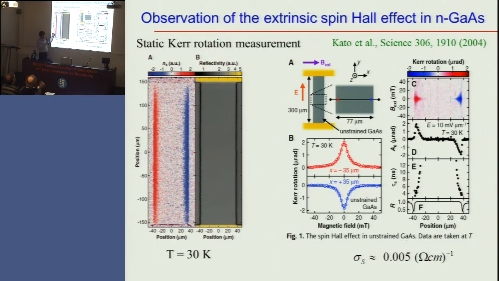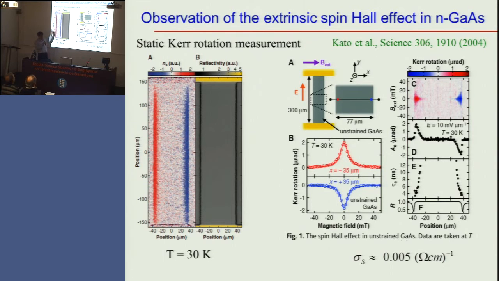For the spin down side, if you shine the light here, the reflected light is left-hand circularly polarized. In such a way they can detect whether this side is spin up or this side is spin down.